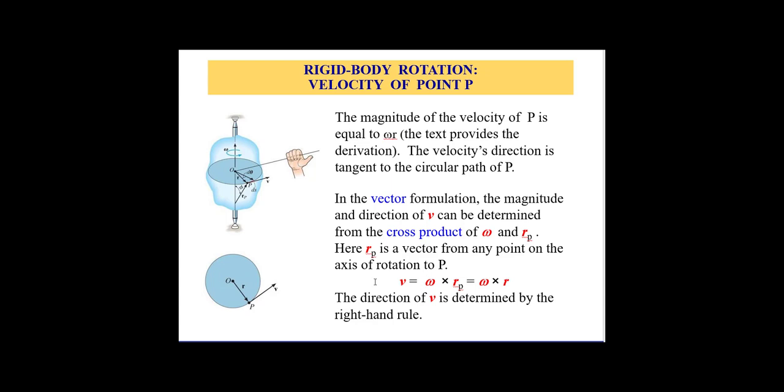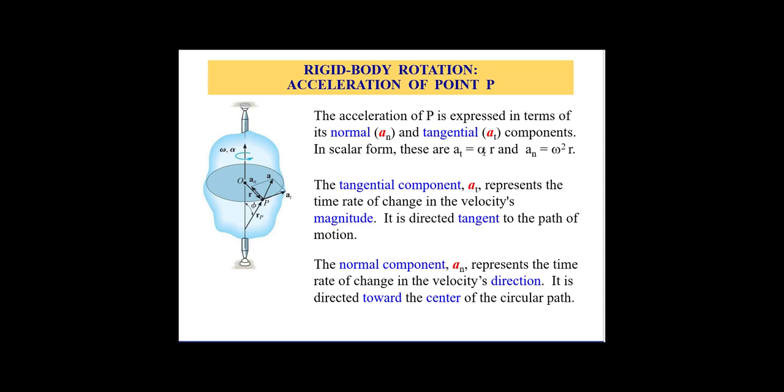The first component gives you the tangential, where d omega over dt is alpha.